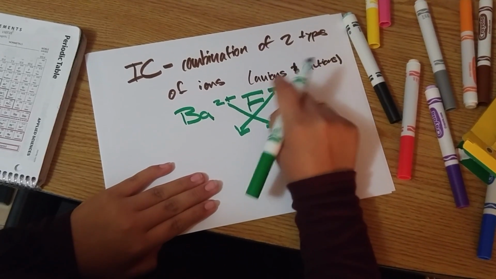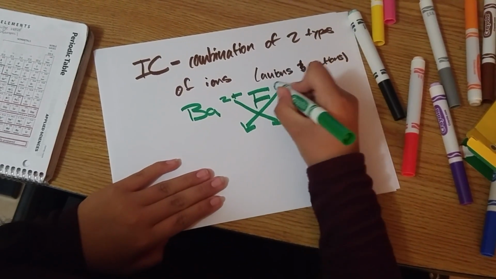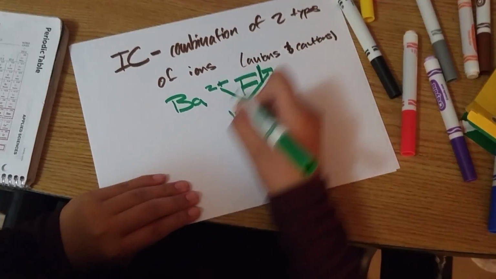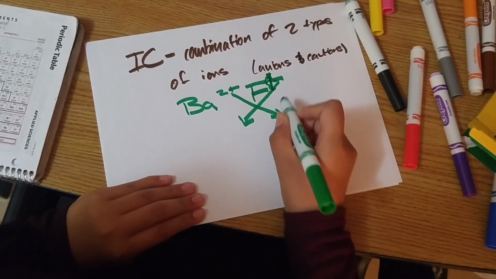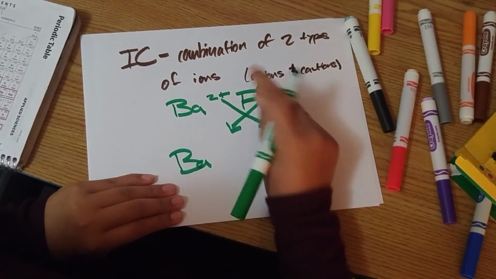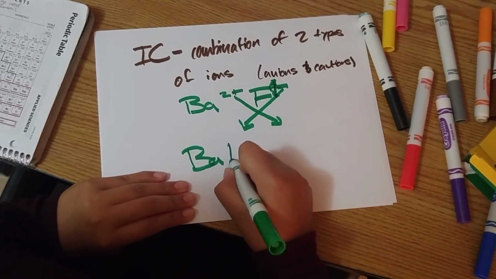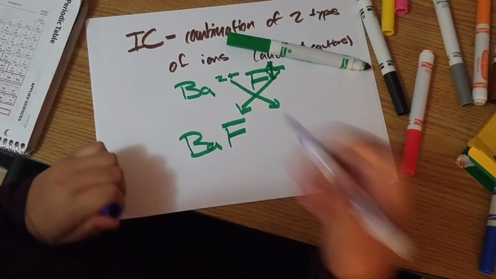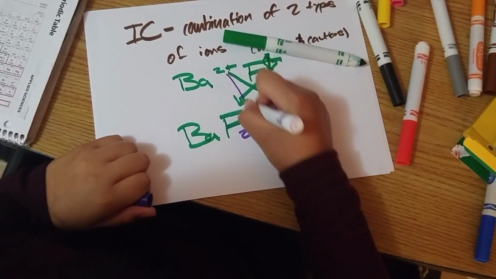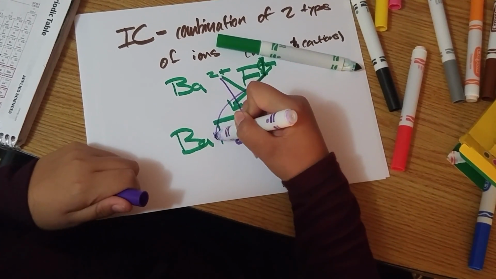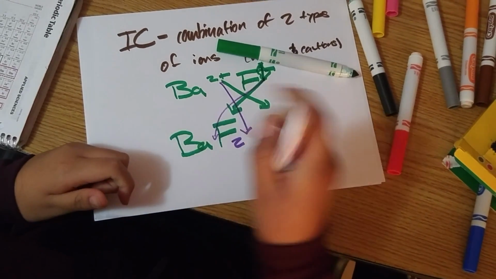And right here, I know it seems like just a negative sign, but there's really a 1 there. So you'd cross the charges, but since it's not really there, you just do Ba, nothing, and F, and you cross the charge here. So it'd be F2, because we dragged it over from right here.